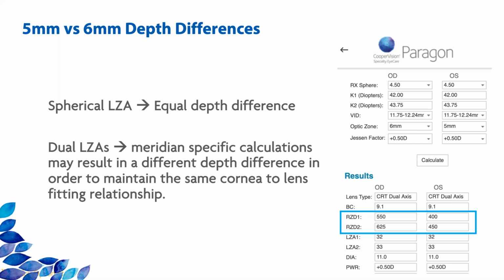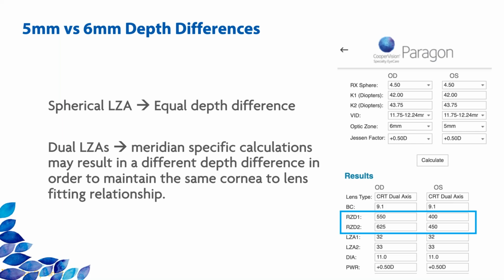Same thing applies for superior or inferior decentration. Again, in CRT lenses, superior decentration is more common than inferior decentration, and usually that indicates that we need to increase the RZD too. So for both 5 and 6 OZ lenses, we increase RZD2 with a 25 micron step.